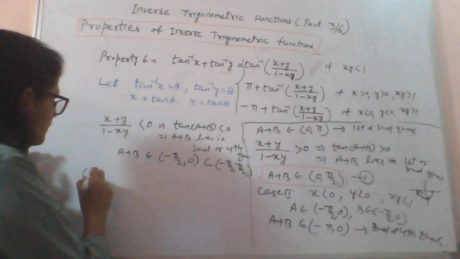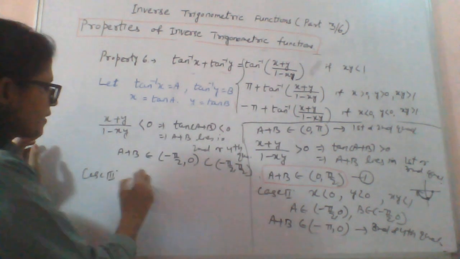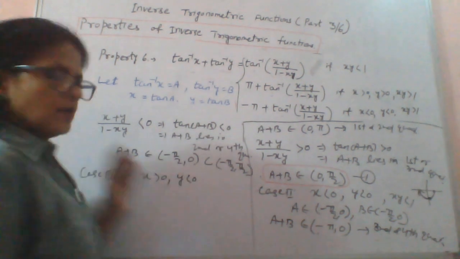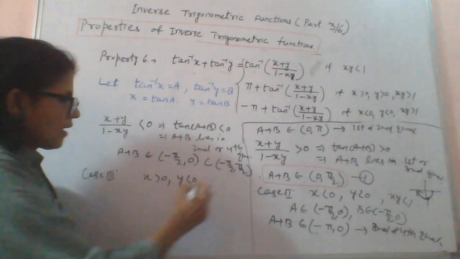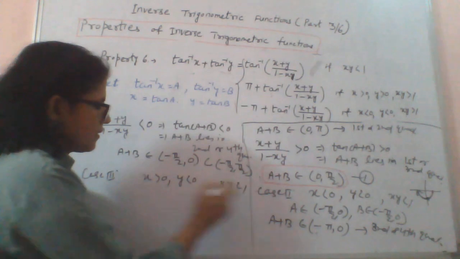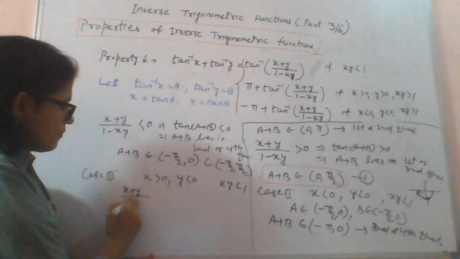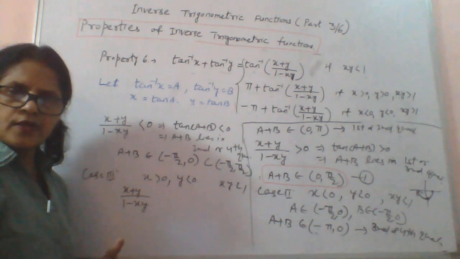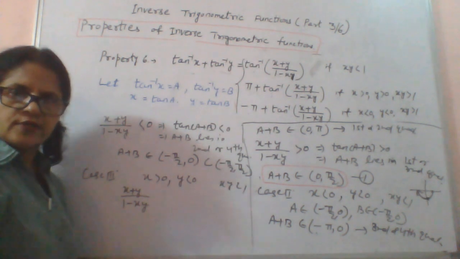Okay, now case 3. The third case we can take x greater than 0, y less than 0. One of them is positive, the other one is negative, and xy less than 1. Okay, so (x plus y) by (1 minus xy) may be positive, it may be negative, depending upon which one is greater, x greater than y or y greater than x.